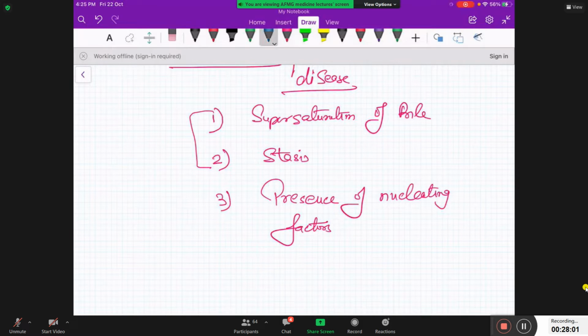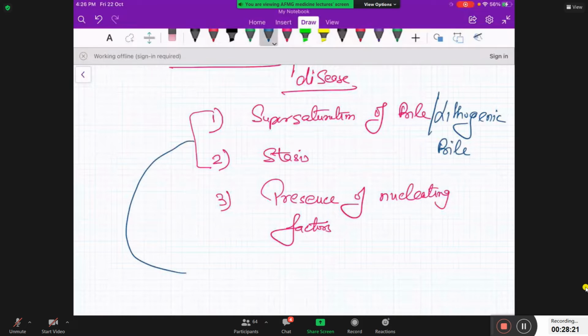Now, what is this supersaturation of bile, which is also called lithogenic bile? Let's understand.